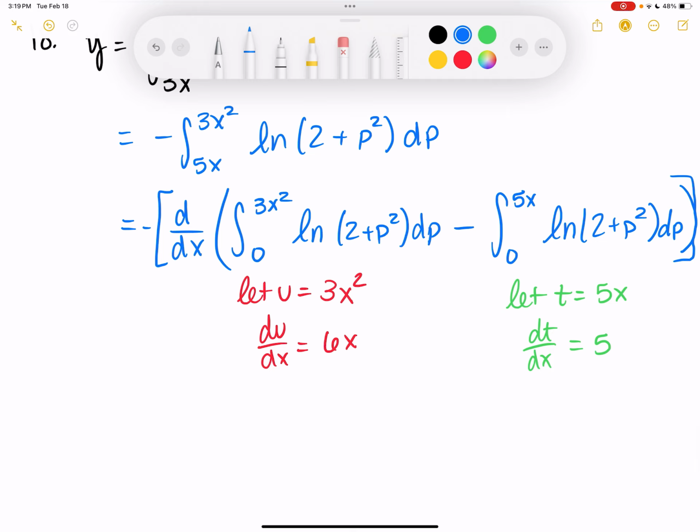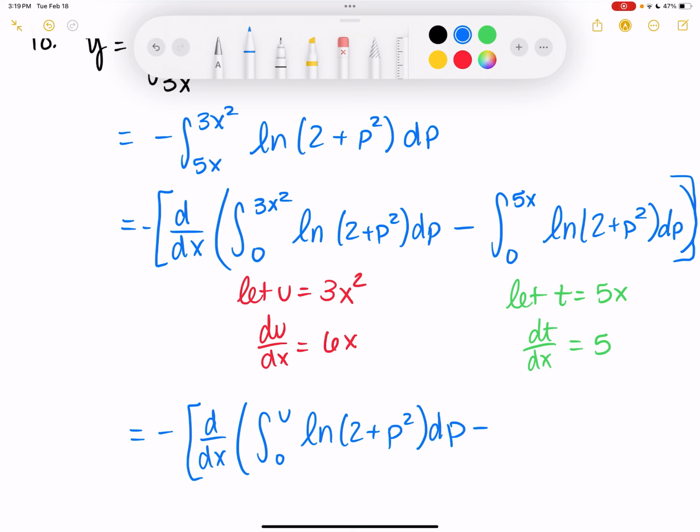So I've got negative, then I've got d/dx of the integral from 0 to u of the ln of 2 plus p squared dp minus the integral from 0 to t of the ln of 2 plus p squared dp.